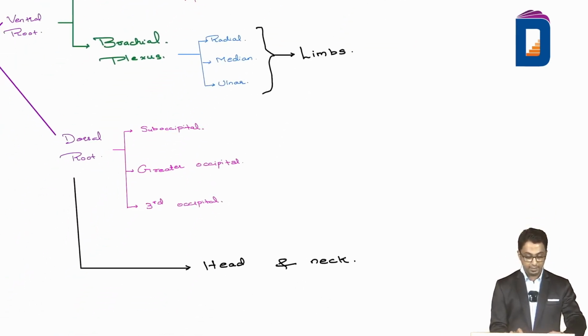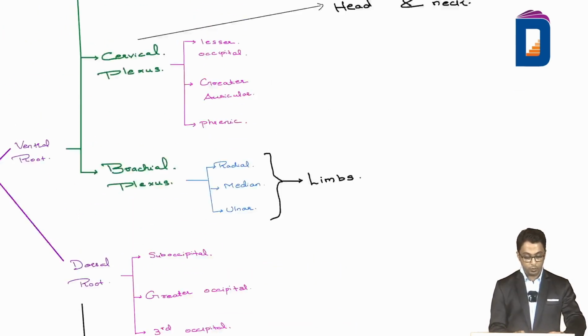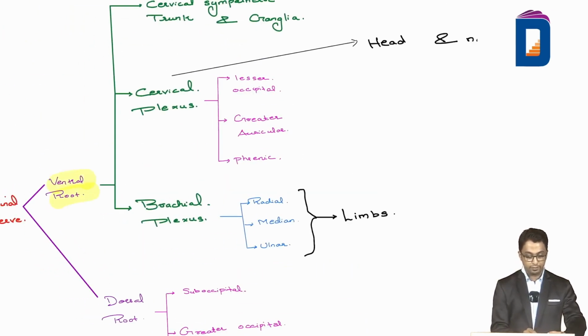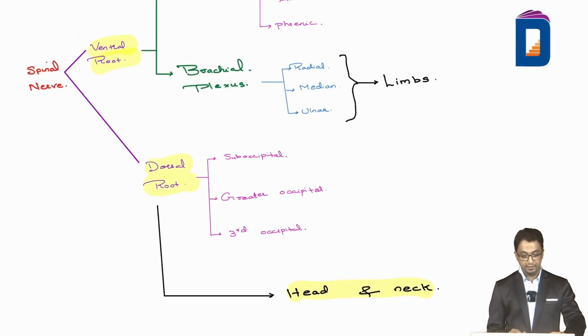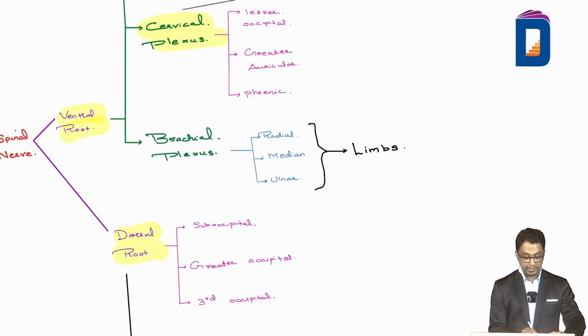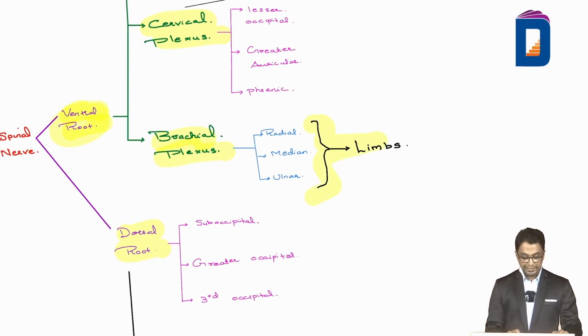So what does it mean? The ventral root gives rise to the cervical plexus, which supplies the head and neck, and the dorsal root in itself supplies the head and neck. And the brachial plexus, which comes from the ventral root, supplies the limbs, upper limbs to be specific. So that's an outline.